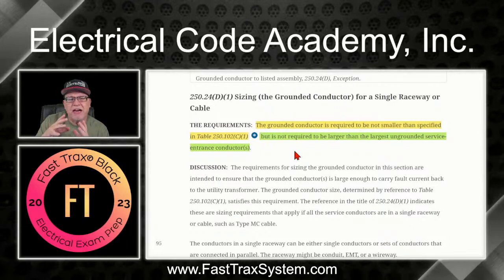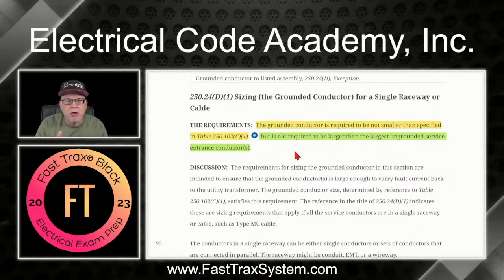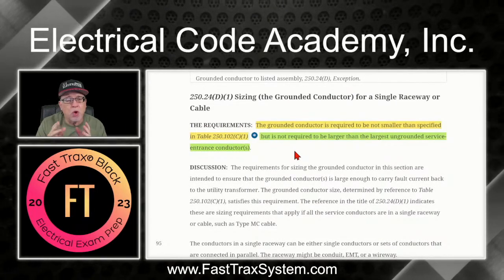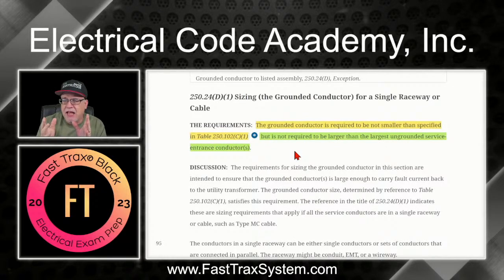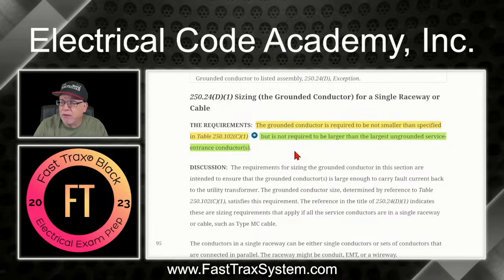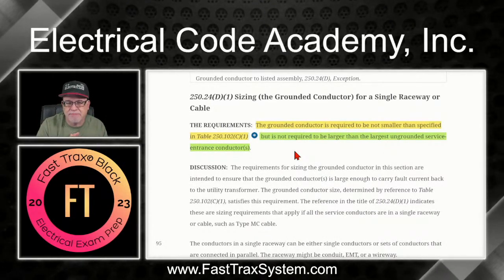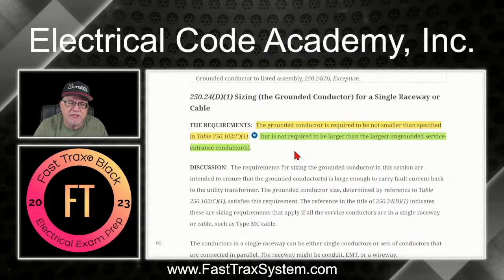So if I had one raceway and I had 600 kcmil ungrounded hot conductors, and I were to go back to 250.102(C)(1), and it was going to tell me the size of that grounded conductor, the minimum size, but in no case does it have to be larger than what? The largest ungrounded service conductor. Never has to be larger than that. So it would never have to be larger than 600 kcmil. Make sense? So that's the importance of this statement. Again, we're talking one raceway.